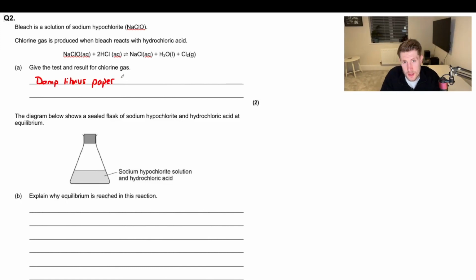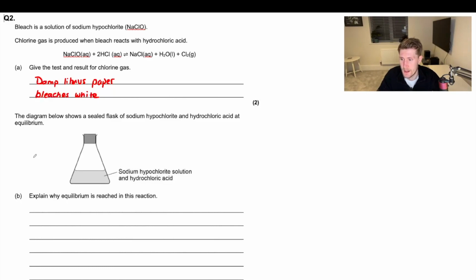And the colour change that you would expect to see is really just the bleaching of the paper. It bleaches white. The paper that is generally blue starts to just turn white. The colour of the blue paper just fades and you get this white staining. So we say that you use damp litmus paper and it bleaches white.